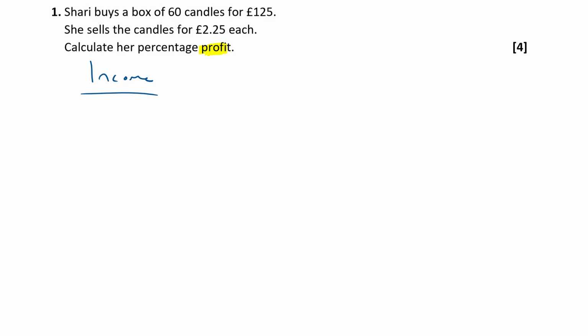We know we've got 60 candles and she is selling them for £2.25 each. So her income is going to be from sales of candles. It's going to just be 60 lots of £2.25, isn't it?